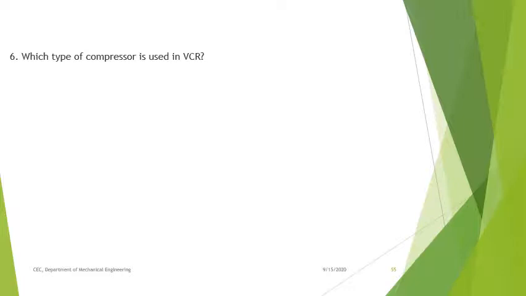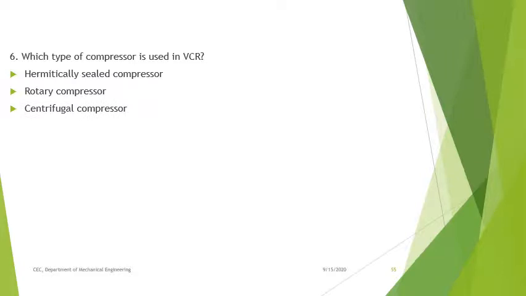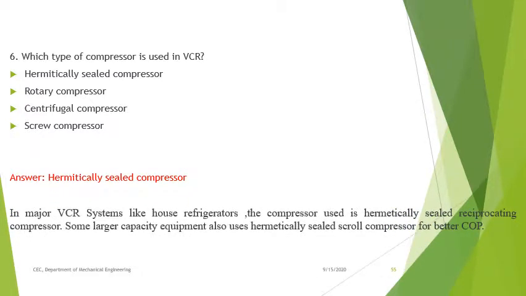Sixth question on refrigeration topic. Which type of compressor is used in a vapor compression refrigerator? Hermetically sealed compressor, rotary compressor, centrifugal compressor, screw compressor. The answer for this one is hermetically sealed compressor.